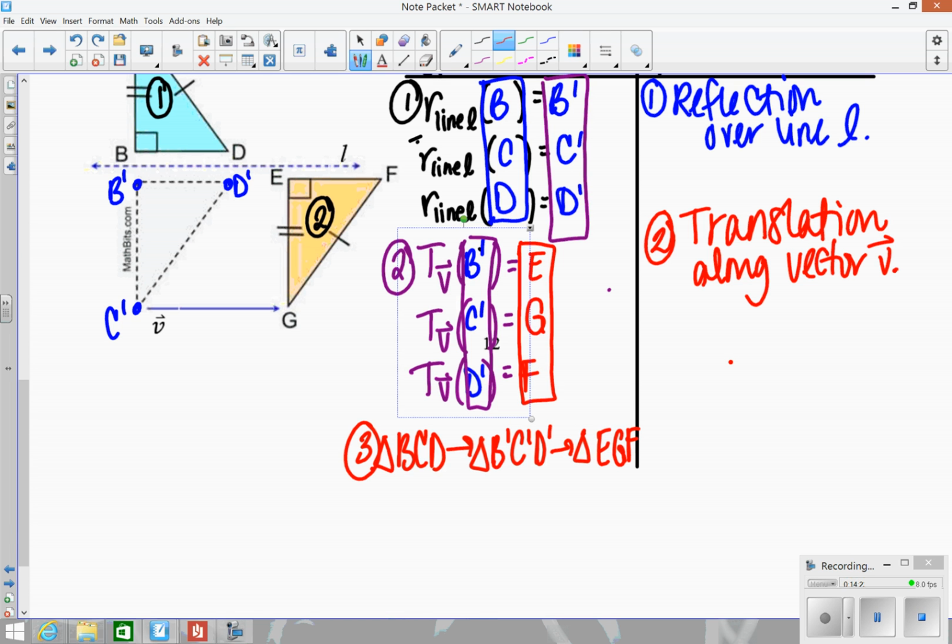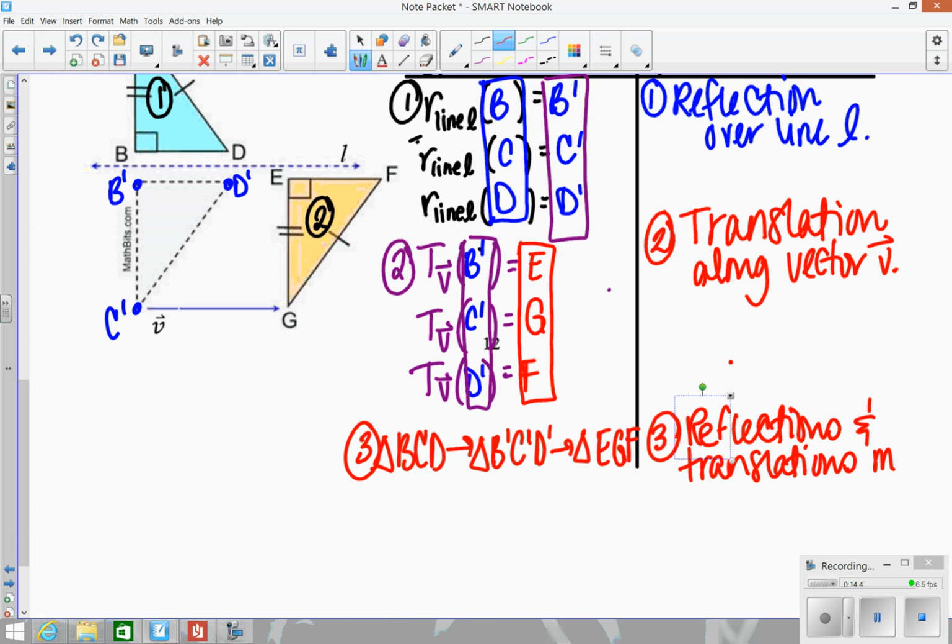So I just combined that step. So then the reason for this, instead of saying reflections map triangles onto triangles and then translations map triangles onto triangles, I'm just going to say reflections and translations map triangles onto triangles.